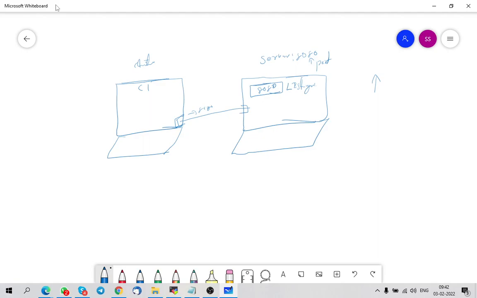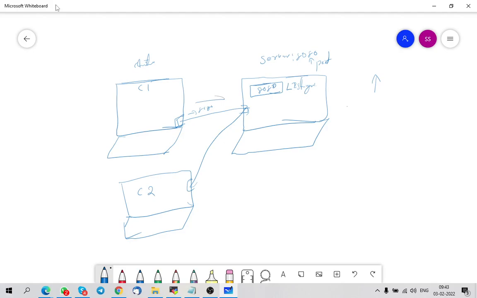Now assume that there is one more client, C2. It is also sending a packet to the same port. How will it get identified, whether it is from C2 or from C1? For that, internally when the communication happens, a socket is created.